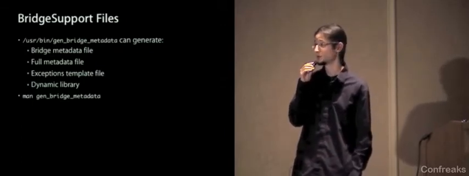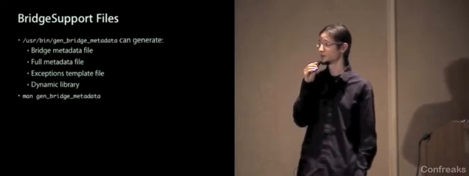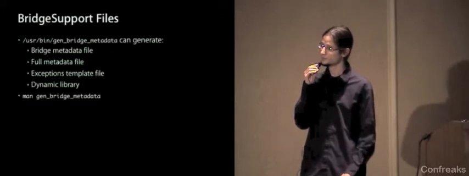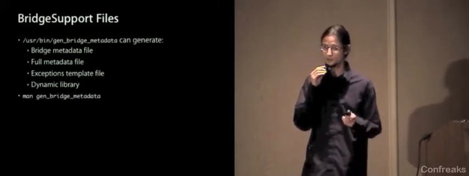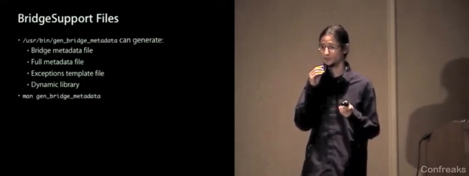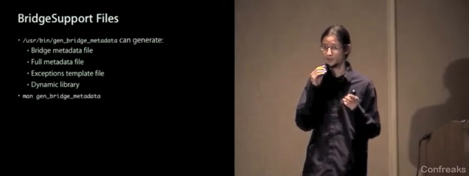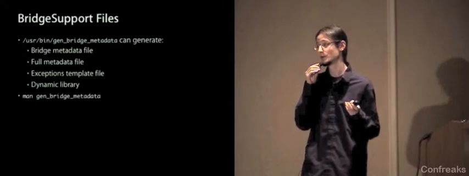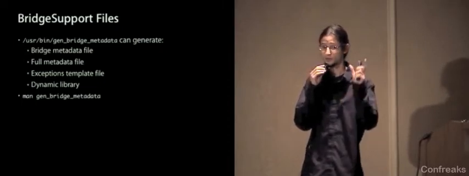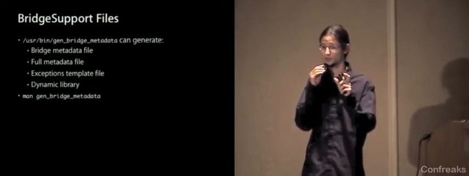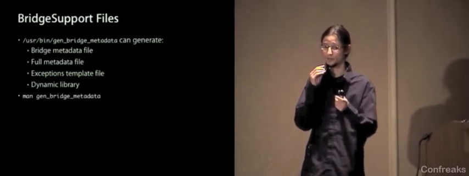And you can generate an exception template file, which is a bit complicated to discuss now, but the problem is that we cannot determine everything automatically. There are things that need to be done by a human. For example, descriptions about pointers. If you have a function that has a pointer argument, is it in, out, or in-out?